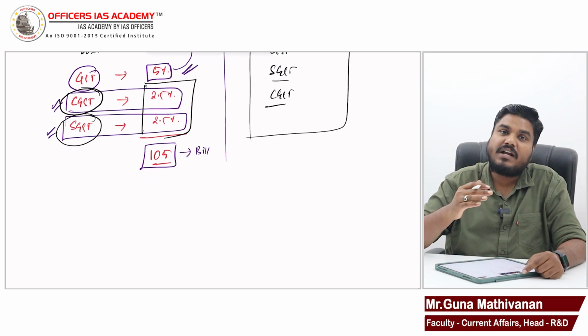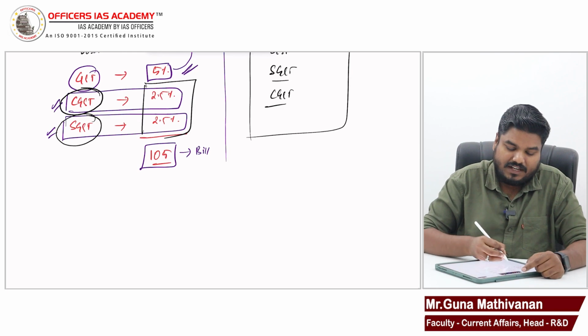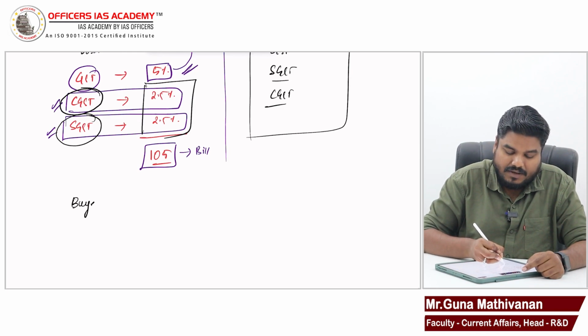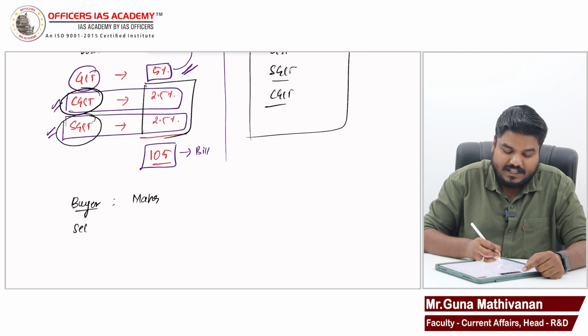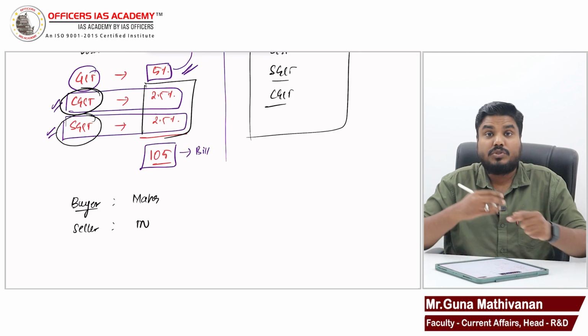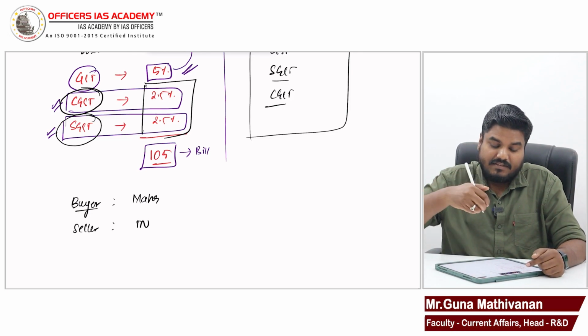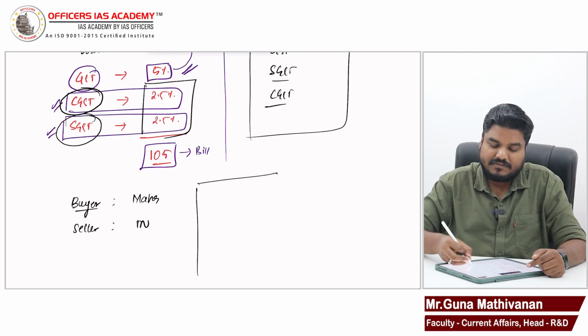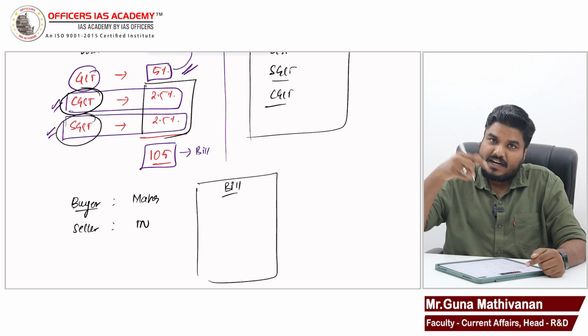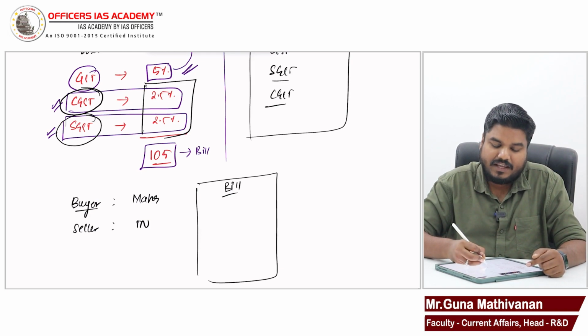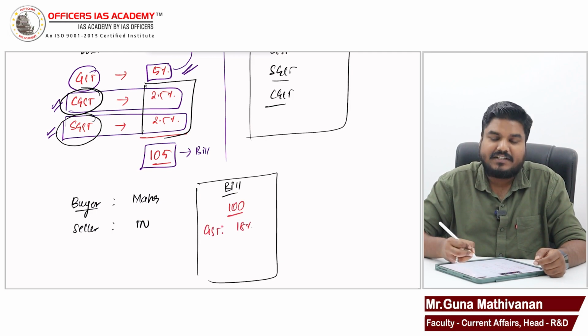But if there is an interstate trade, for example, if the buyer is in Maharashtra and the seller is in Tamil Nadu, two different states, then in that bill, the bill amount is 100 rupees, fine, and GST is 18%, fine.